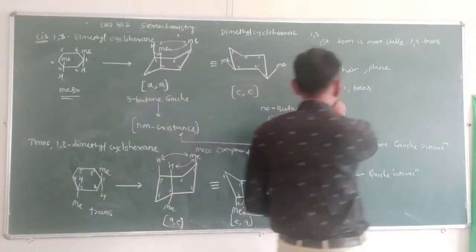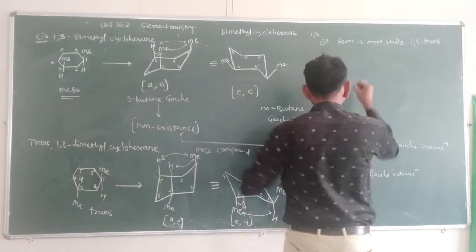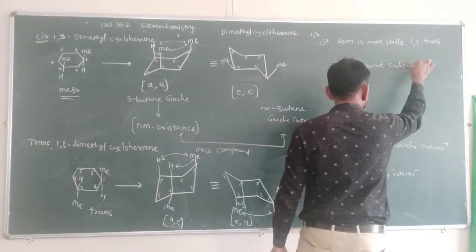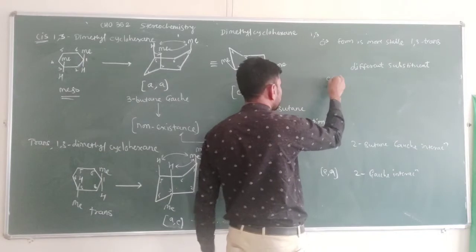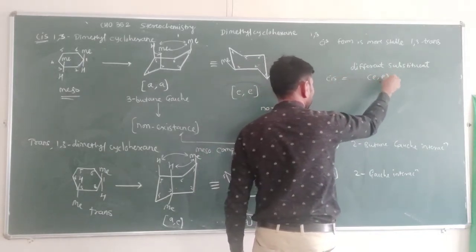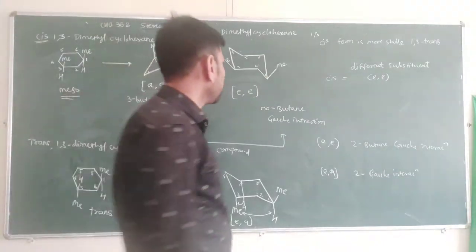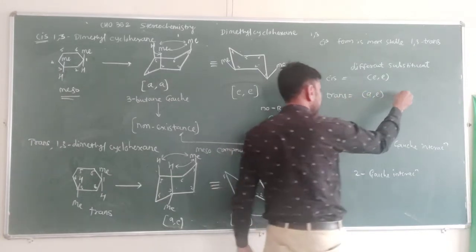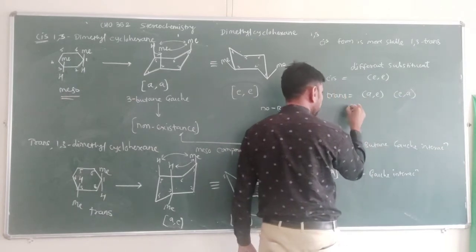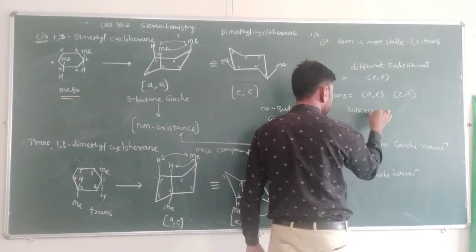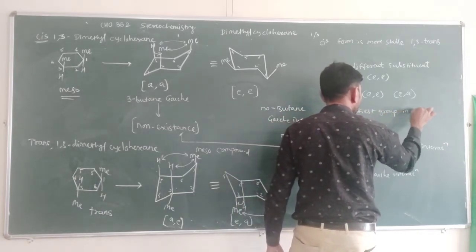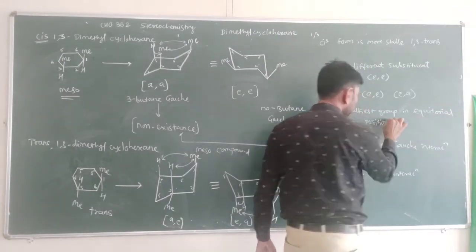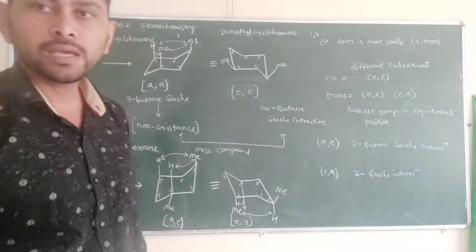When we use a different substituent, then this form is available in diequatorial form, and the trans form is available in axial-equatorial or equatorial-axial form, in which the bulkiest group goes in the equatorial position.